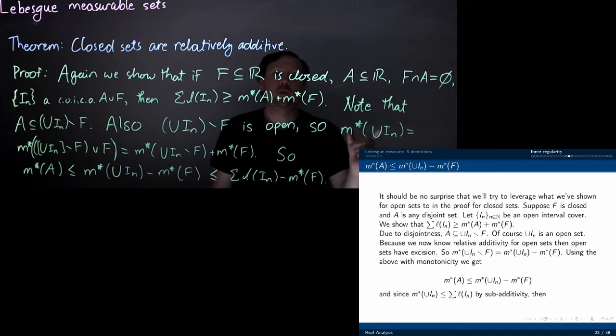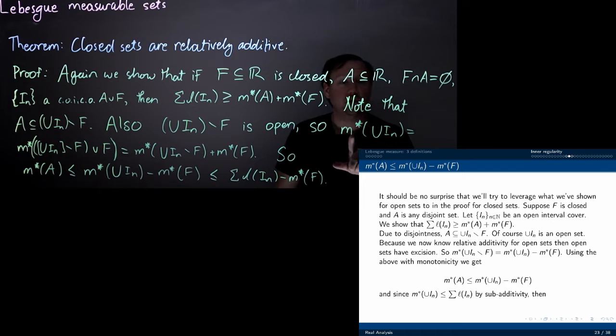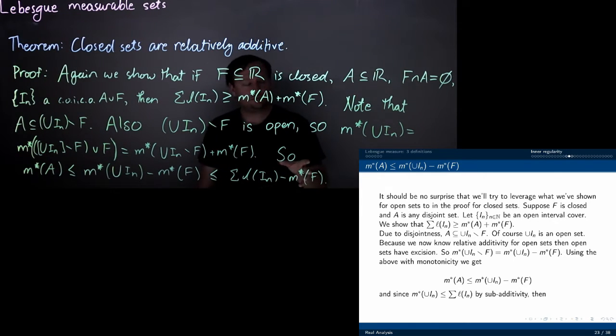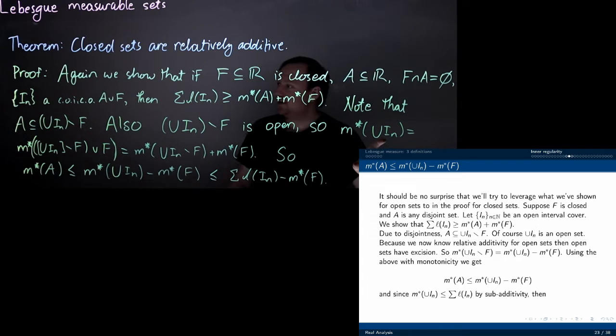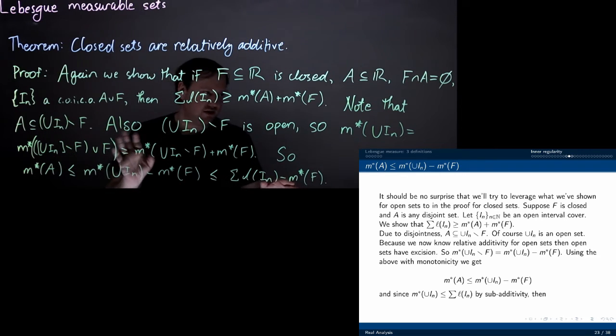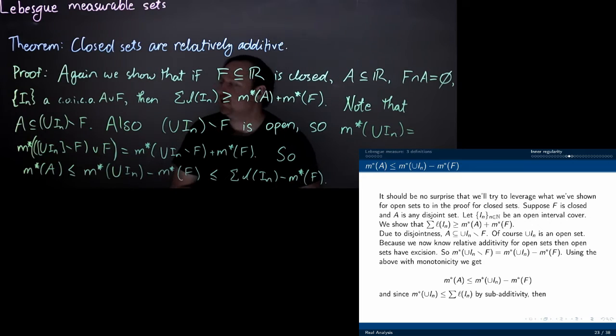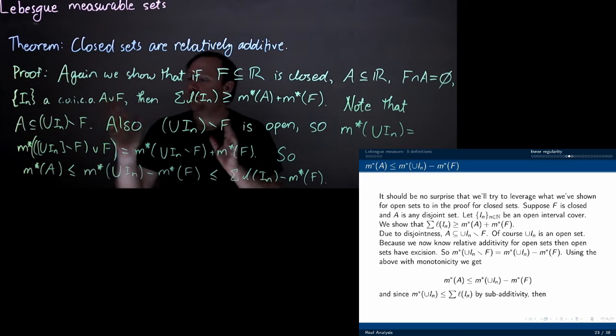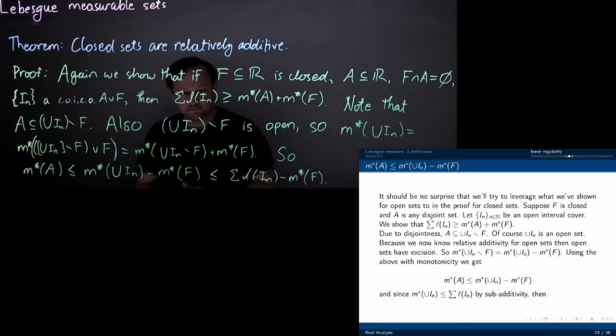And therefore, because it's open, we can leverage what we've already done, which is to decompose it according to F. This part is open, apply relative additivity. So you get this.